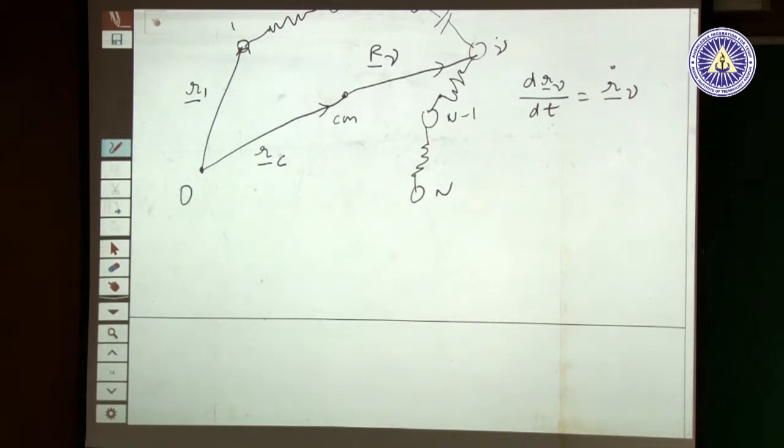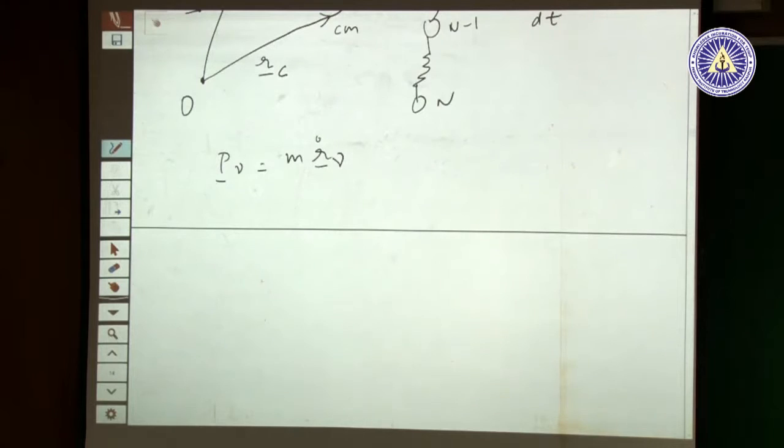Okay. And in general, each bead has a velocity R dot nu, so each bead has a momentum m R dot nu, right, and one could write the kinetic energy of your chain as half, sum over nu going from 1 to n, of m R dot nu squared, right.